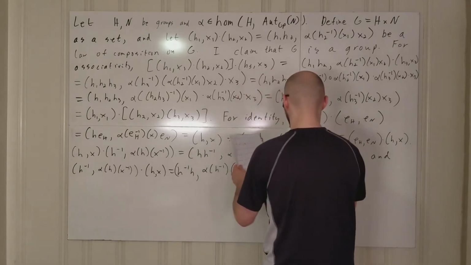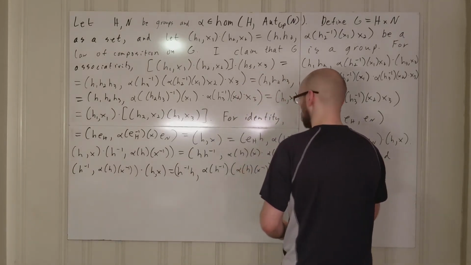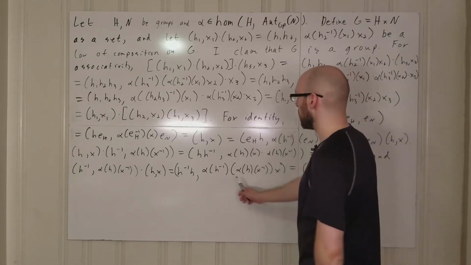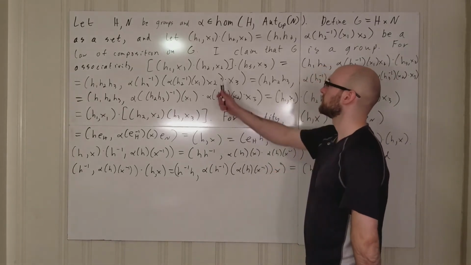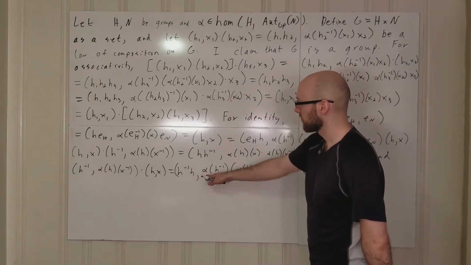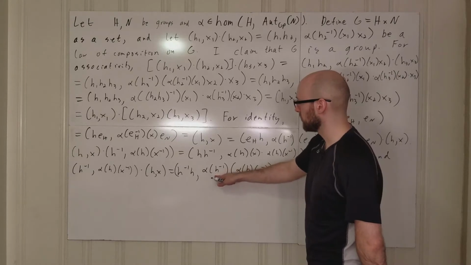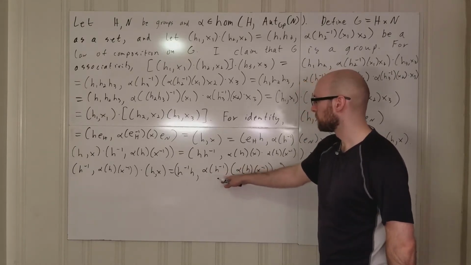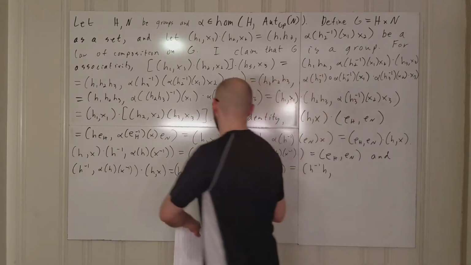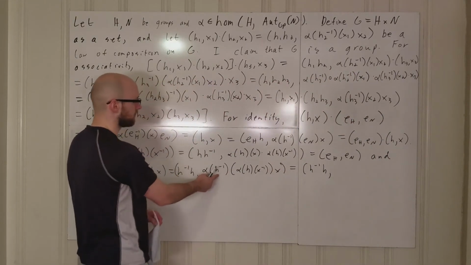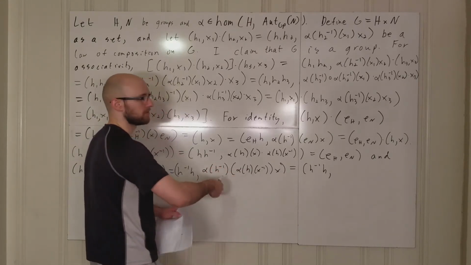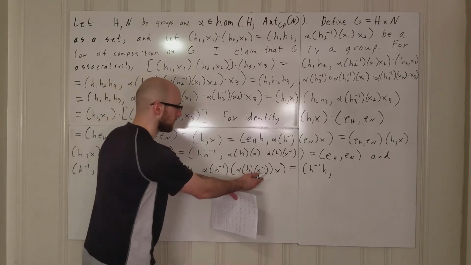So then this is equal to h inverse h, and then, since alpha is a homomorphism, taking alpha composed with alpha at h composed with alpha of h inverse, so you bring this inverse out here, and so this is going to be alpha of h inverse, and we're composing it with alpha of h, and so we're going to get the identity map here.